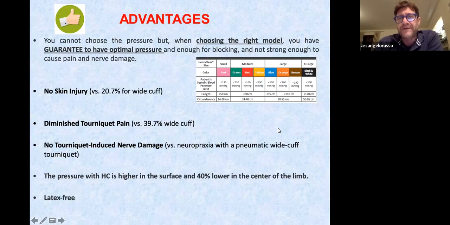Every color has a length and a size for arm, for limb, and it is very easy to use. No skin injury, diminished tourniquet pain and nerve damage. The pressure with this kind of device is lower on the surface and 40% lower in the center of the limb.